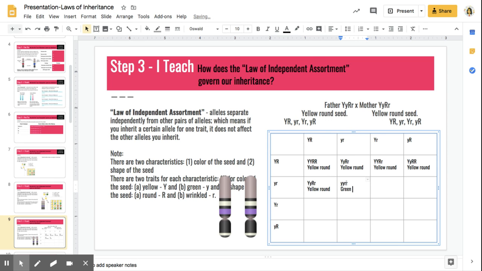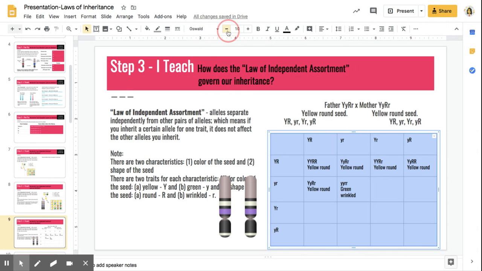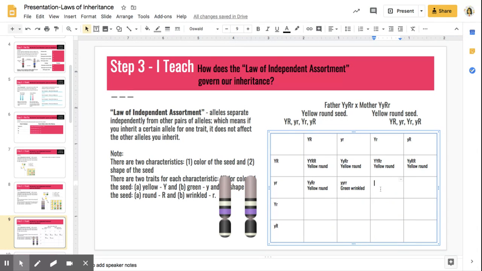And since this is already homozygous recessive for shape, this is now no longer round but wrinkled. All right. Okay. Next would be dominant, recessive, heterozygous. Recessive, recessive, homozygous recessive. So we now have yellow and wrinkled.